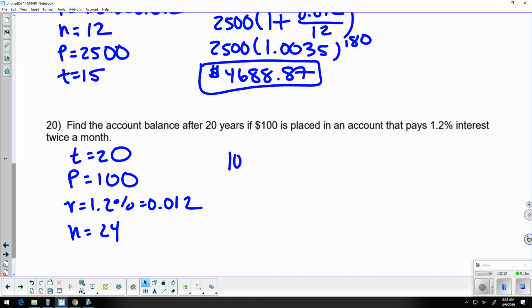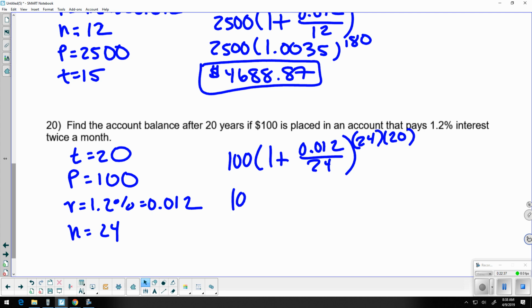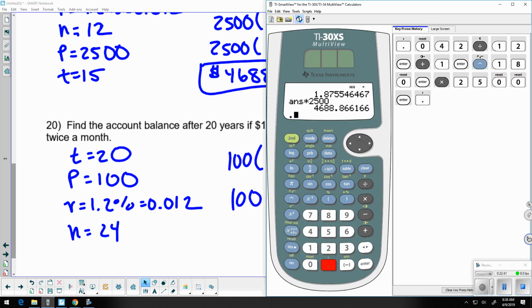Again, $100. You're going to have 1 plus 0.012 over n. And it's being raised to n times t. So 24 times 20. Again, inside parentheses now, I'm going to have 0.012 divided by 24.